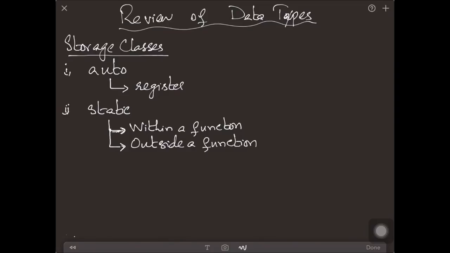If a variable within a block or function is declared with static keyword, it will retain its value across exit from and re-entry to the block or function. So after the function invocation again and again, that variable which is declared static within a function retains its value.